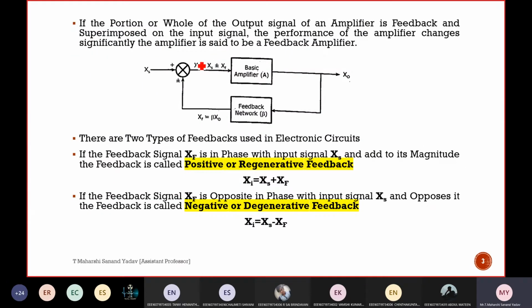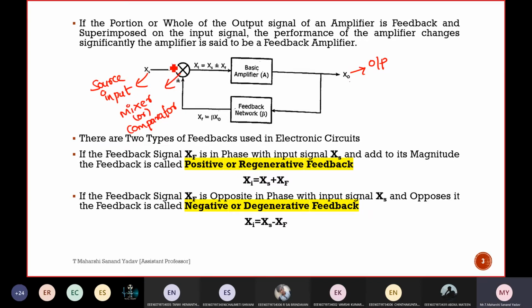See here. This is nothing but the source input. We are getting this from the source. Here XO stands for output, and the basic amplifier has gain A. And what about this one? This is called a mixer or comparator. What is the use of the mixer or comparator?